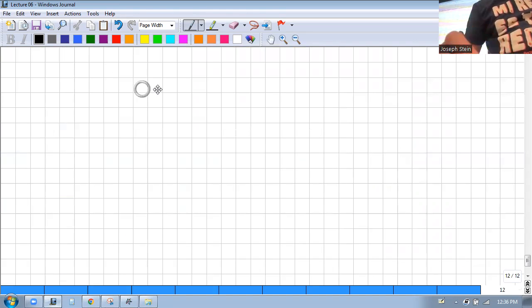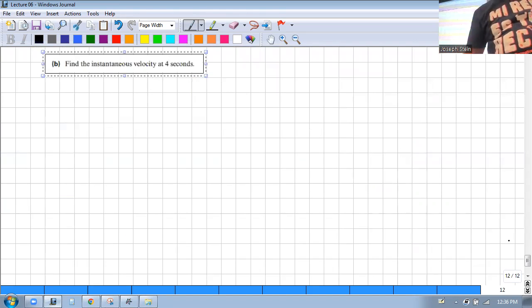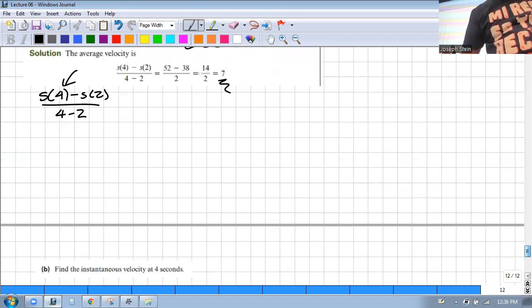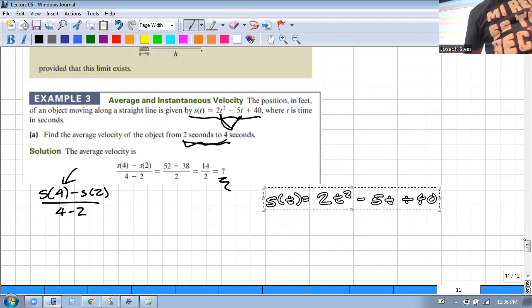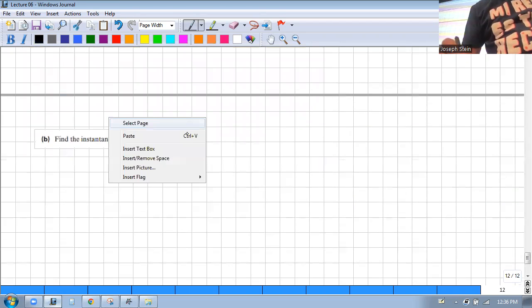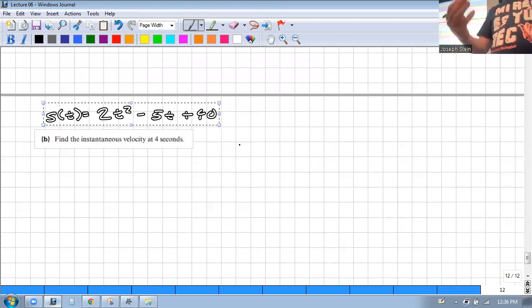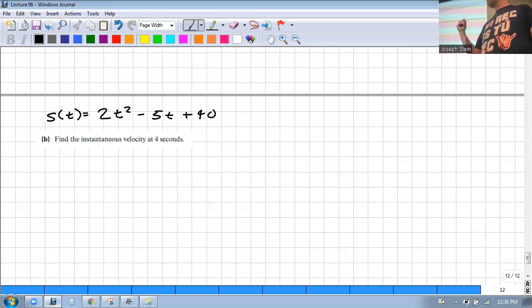So what about the instantaneous velocity at exactly 4 seconds? What was our function? S of t is 2t squared minus 5t plus 40. All right, so if this tells us our distance at a given time, what is the velocity? What is the change at exactly 4 seconds?